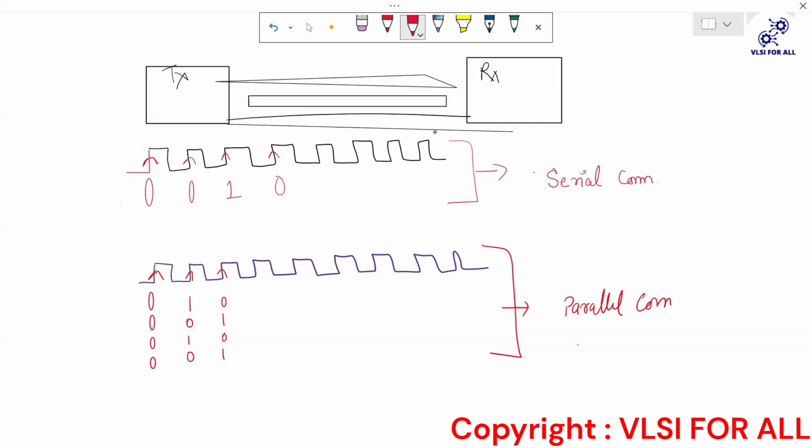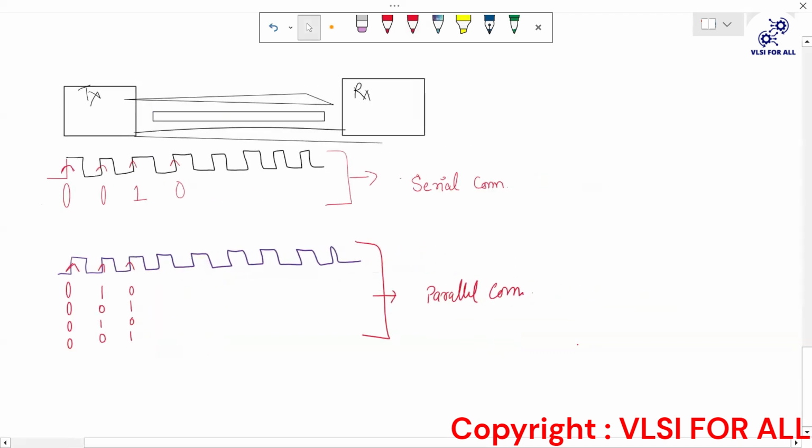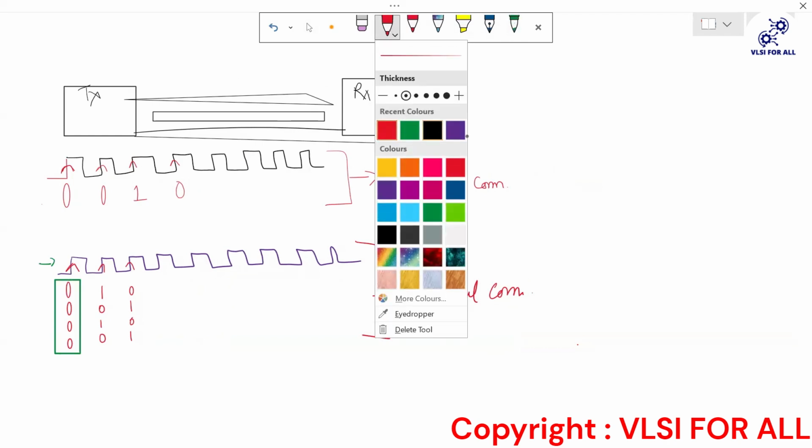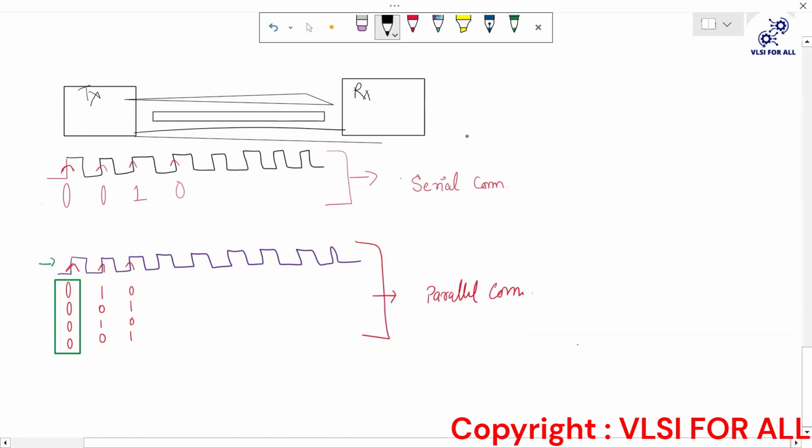Having said that, now I want to introduce something new here. Now try to understand. Let's say on this same clock, if you are putting these many bits, this is one case. Now I want to introduce a new case here. Let's say you are having one clock.